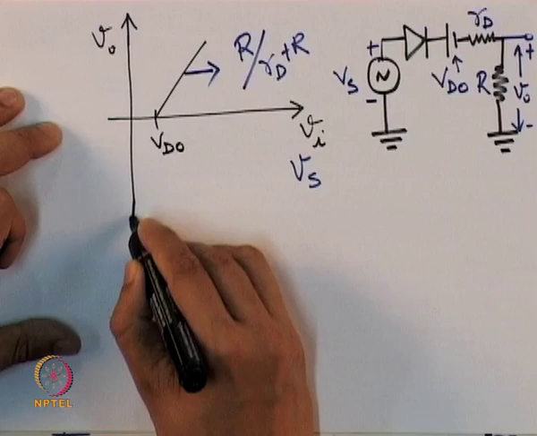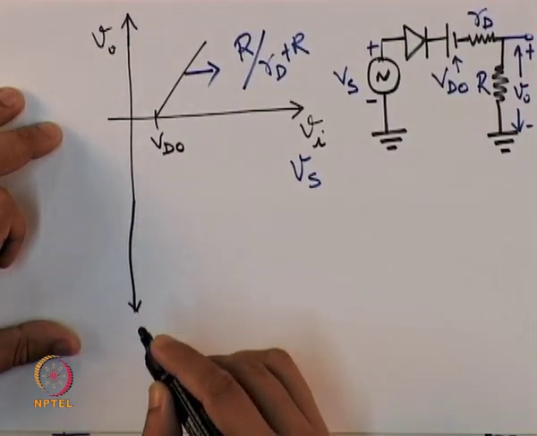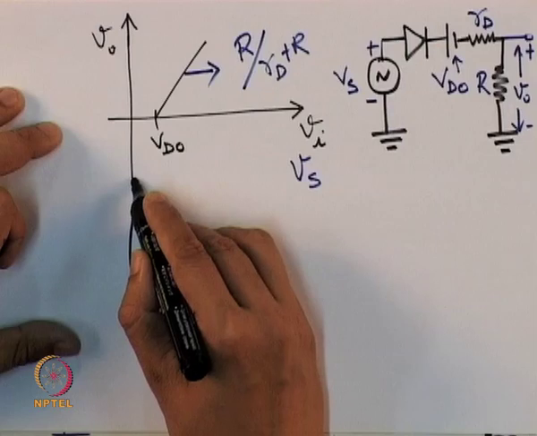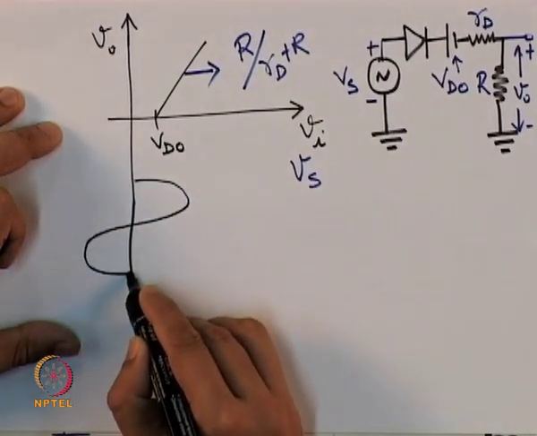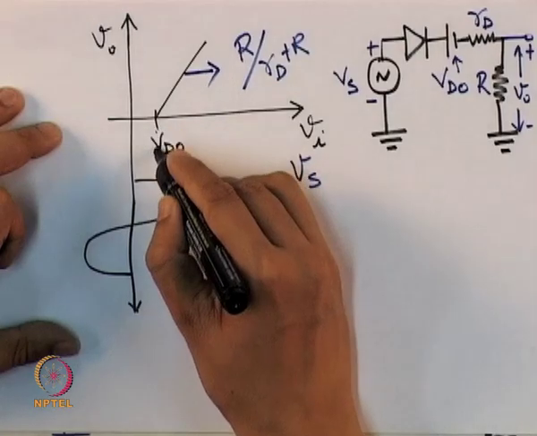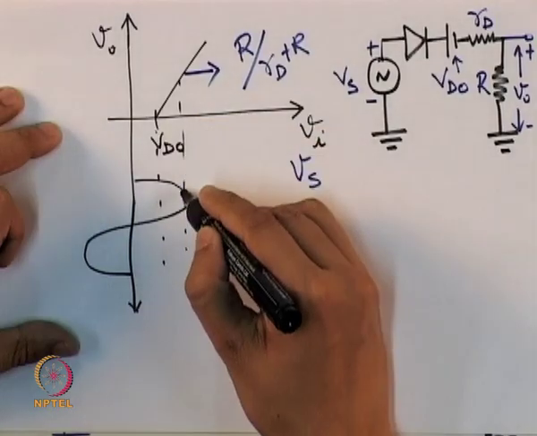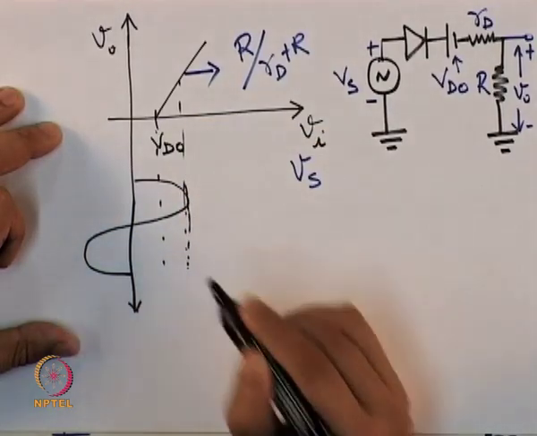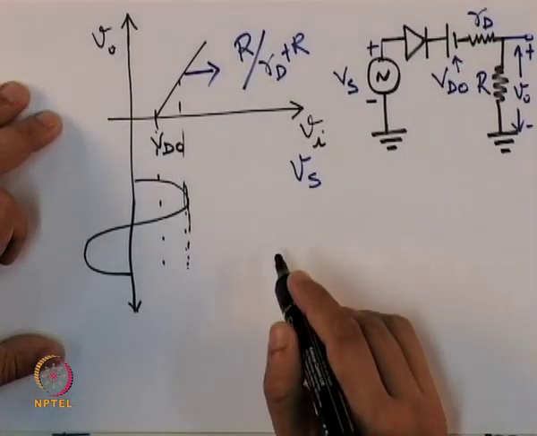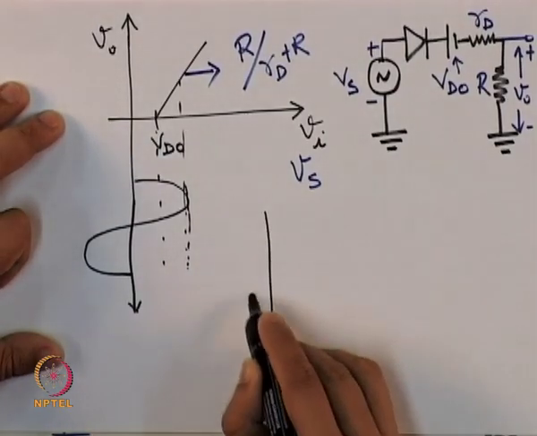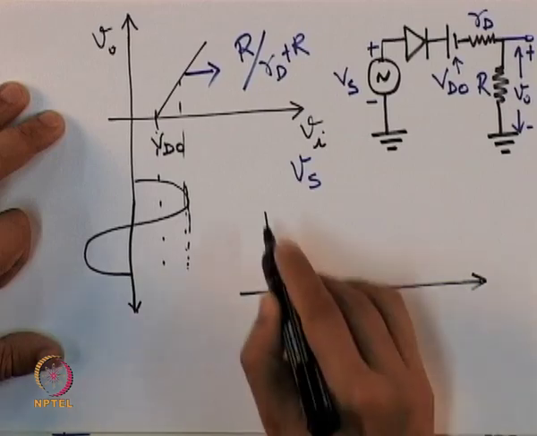And suppose my input, if I draw it this way along the y axis, it should touch here. Then the output that I will get will be something of this sort.